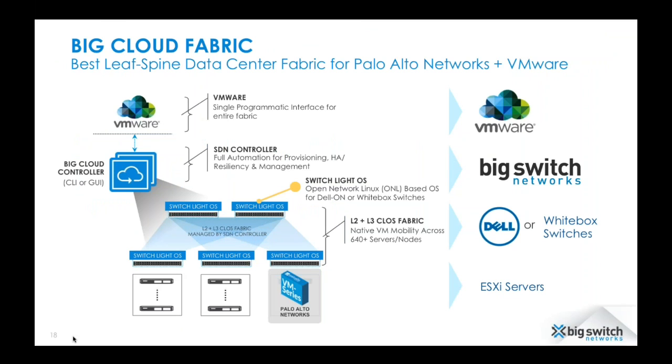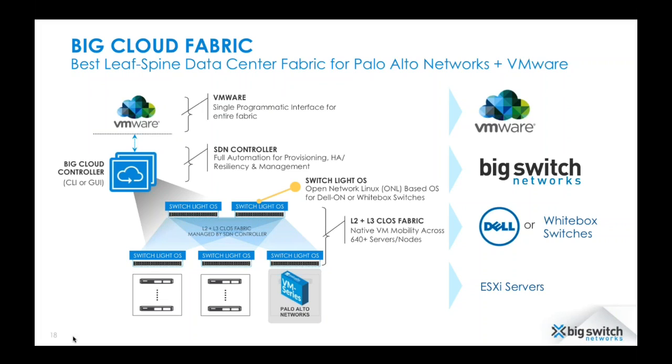So before we dive in, quick background on the Big Cloud Fabric for those who are maybe a little bit newer. Big Cloud Fabric brings cost savings, network agility, and other benefits of virtualization to data centers through a controller-based software-defined networking fabric. The product is based on leaf-spine architecture with open networking hardware running Switch Light operating system. It's purpose-built to optimize VMware deployments in the data center.